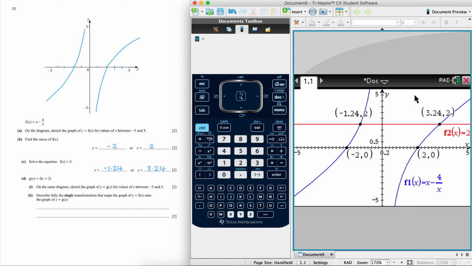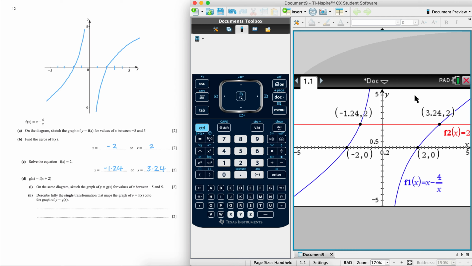And then the last one, g of x is equal to f of x plus 2, and we now need to sketch this. So we know that the transformation of f of x plus 2 is a shift of 2 in the direction of the negative x-axis.